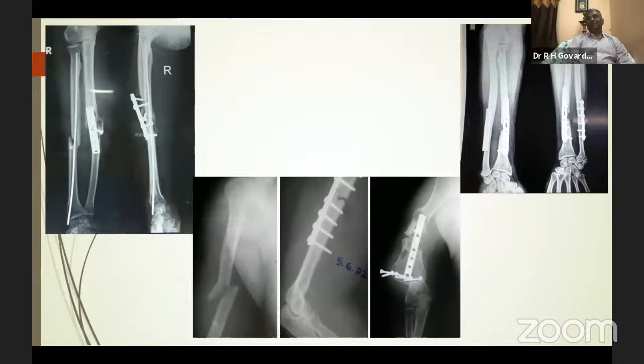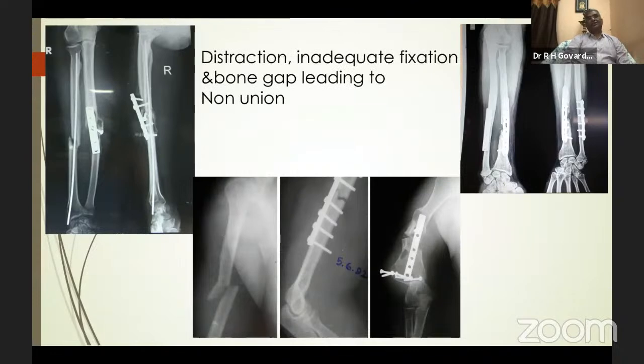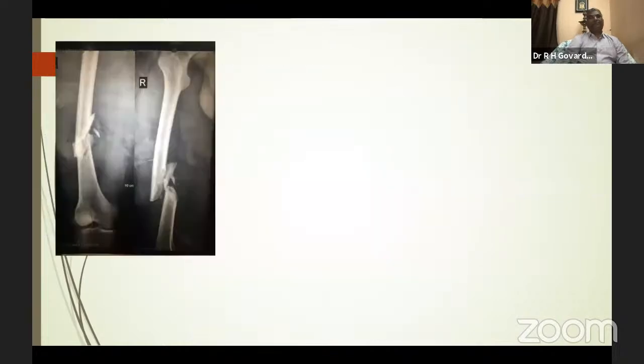The gap, he tried to fix with opposition of these fragments, causing inferior radio-ulnar joint subluxation. And the gap which was there in the radius was grafted, but it was not adequate enough to go on to a union. So it presented as a non-union. So a distraction, inadequate fixation, a bone gap, they all can lead into a non-union.